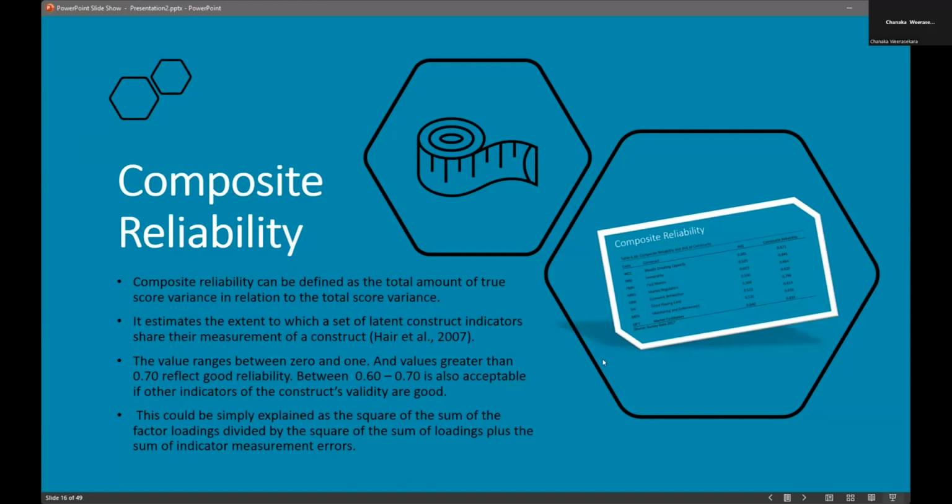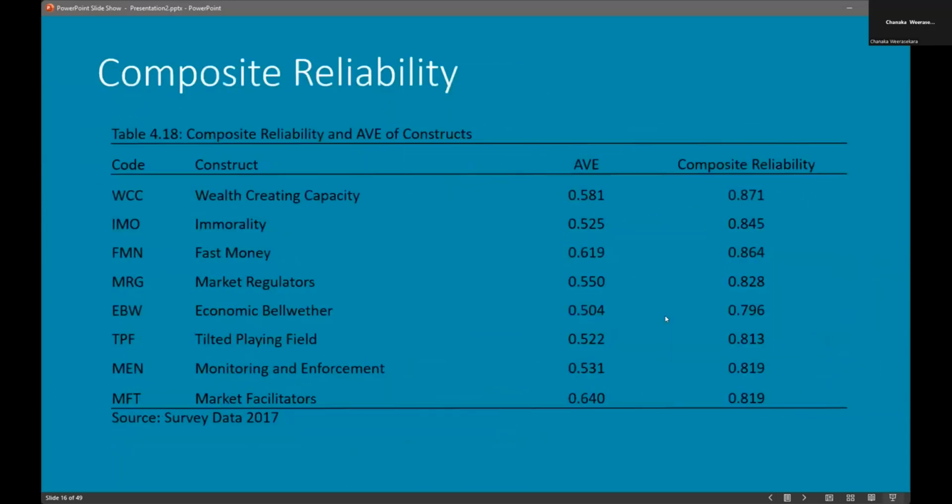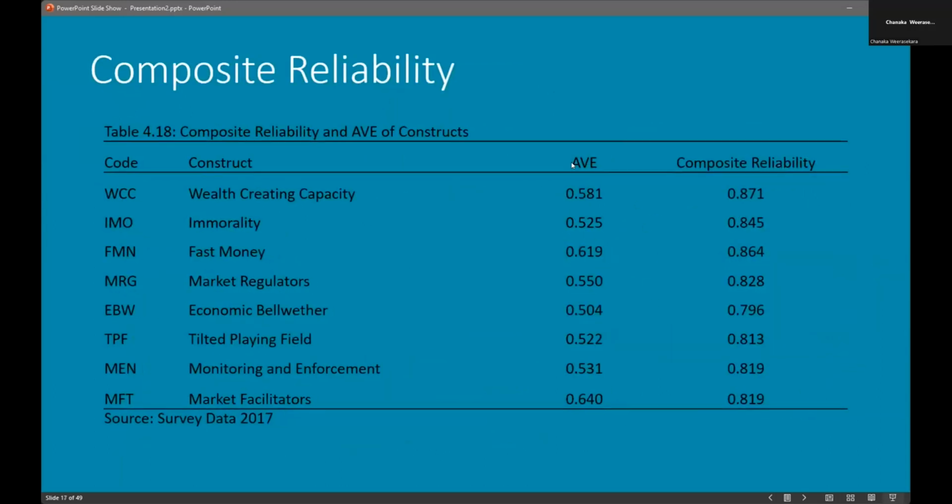This can be established through, as I mentioned, AVE and composite reliability calculation. Composite reliability also can be calculated using factor loadings. So in case you are running factor analysis, you can also calculate the composite reliability.